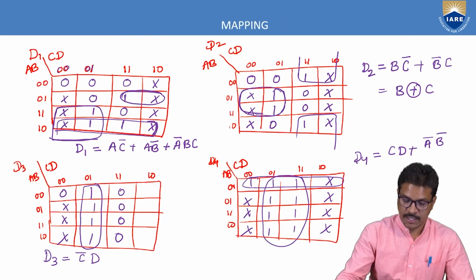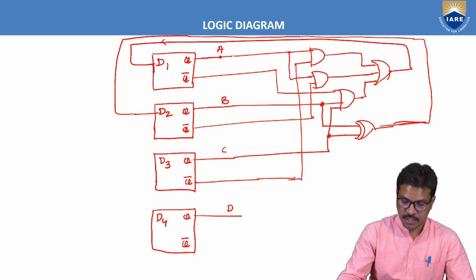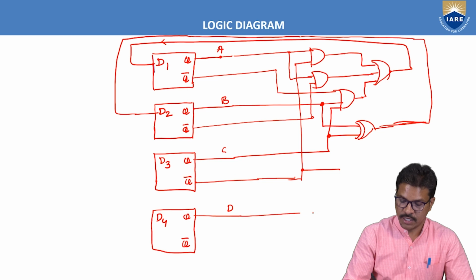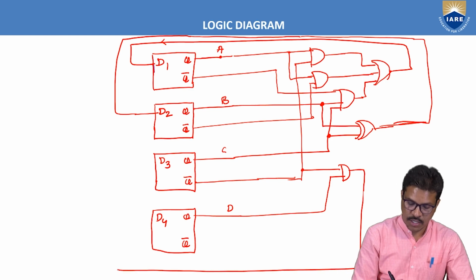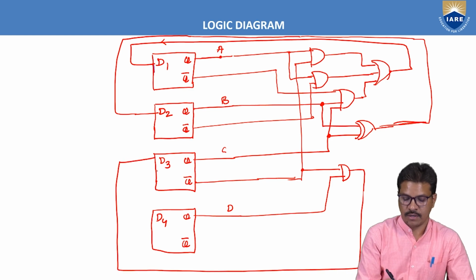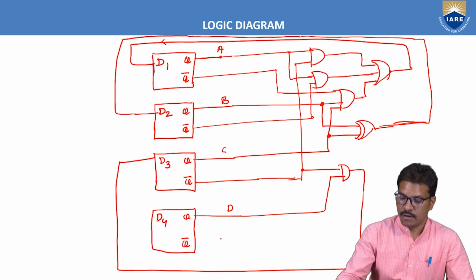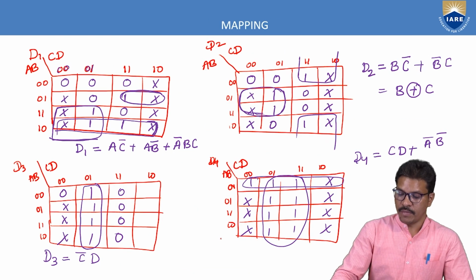Next D3, C bar D. This is C bar, this is D, connected with an AND gate. Take it back to the D3 input. And finally D4 is equal to CD plus A bar B bar.